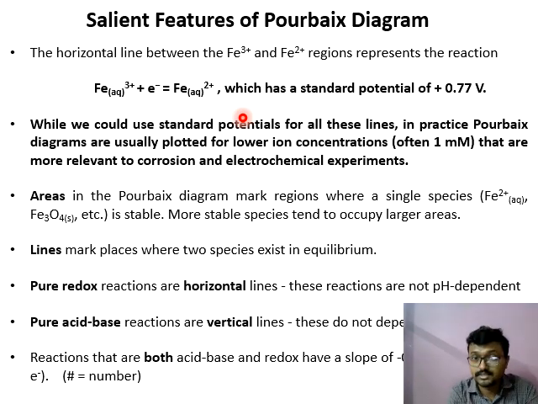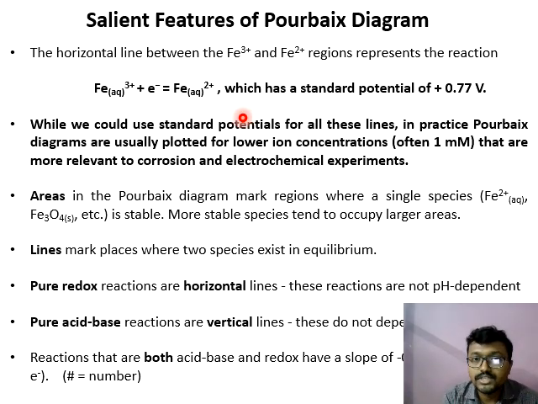And finally, we discussed the Pourbaix diagram of iron. In this Pourbaix diagram, we discussed how different oxidation states of iron depend on pH, and how the electrochemical potential changes with pH. In this diagram, we have 5 lines, 5 different reactions, and 3 important zones.